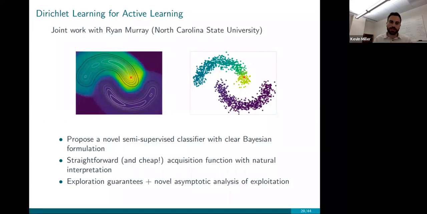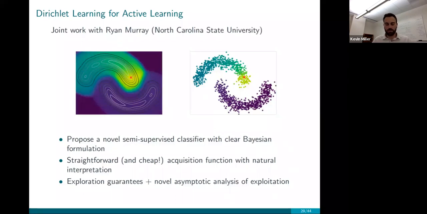And what comes along with that setup then is actually a straightforward and cheap acquisition function that will turn out to be a form of uncertainty sampling, but looks a little different than the previous uncertainty sampling criterions that I talked about previously.